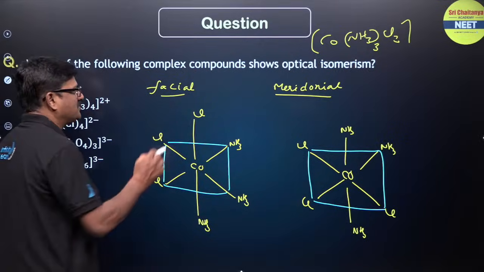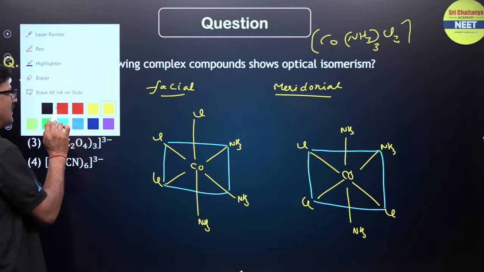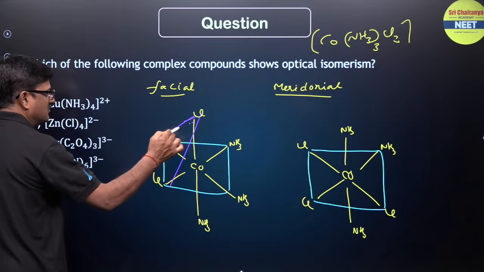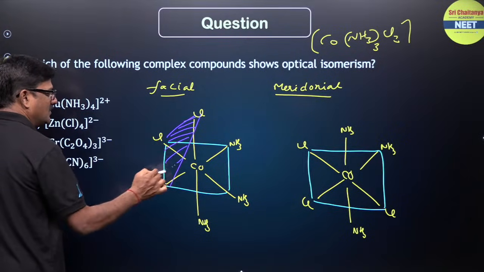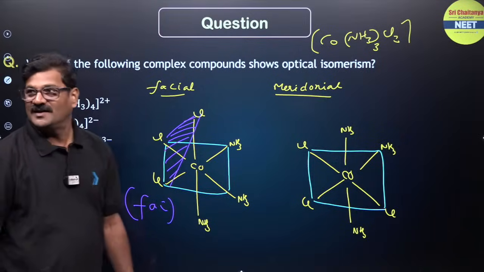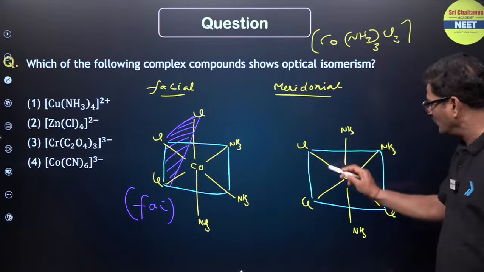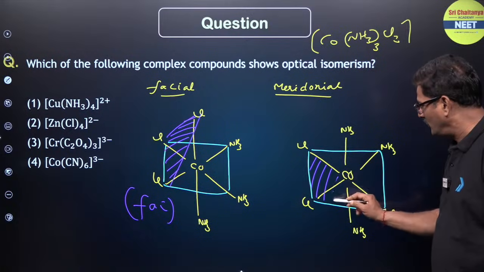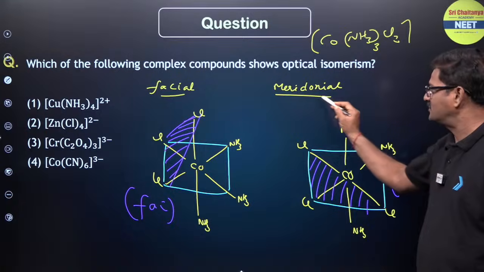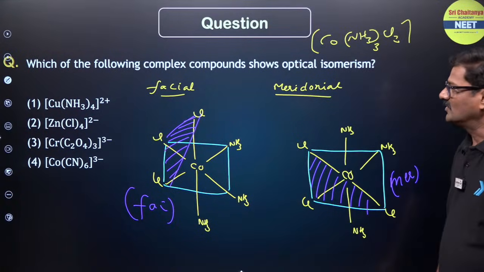This is said to be the facial or fac isomer because on one face of the octahedral system, similar ligands are seen. In NCERT this example is given as fac. And you are going to see meridional; in NCERT it is given as mer, the abbreviation for meridional. This is a kind of geometrical isomerism.